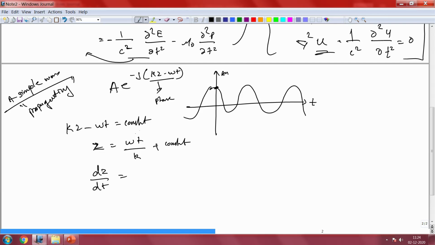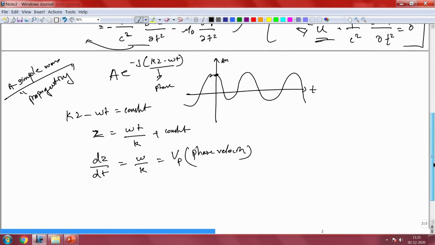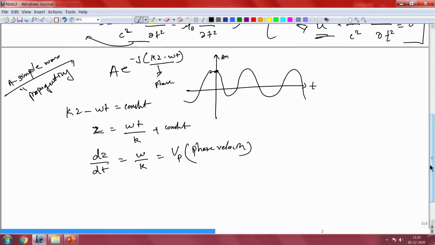So, if you differentiate this, you would get omega over k. So, this is a constant, so this will go away, and this is basically your phase velocity, all right. And this relates your angular frequency and the magnitude of your wave vector.